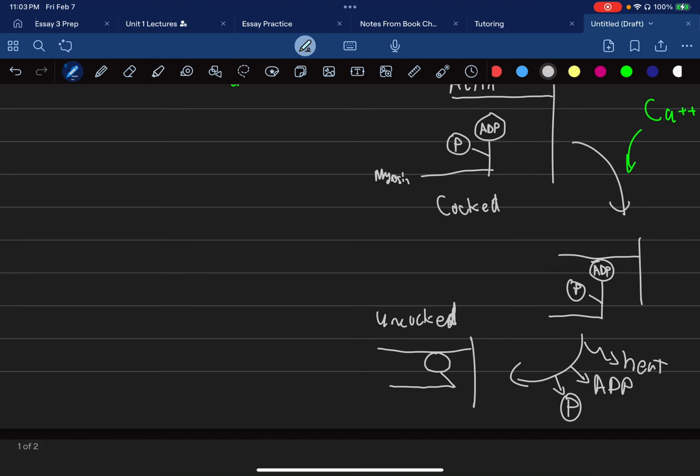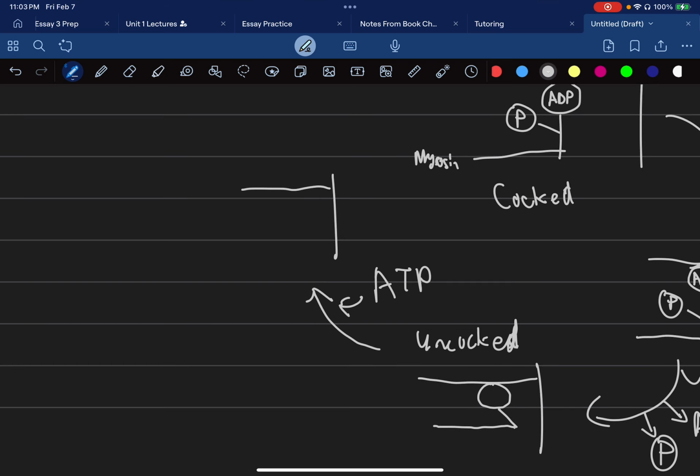And for the myosin to be able to unbind so that we can rest, we're going to get some ATP that comes in here. It's going to bind to that ATP binding site on our myosin head, and that heat from the ATP bond is going to break the myosin off of the actin.